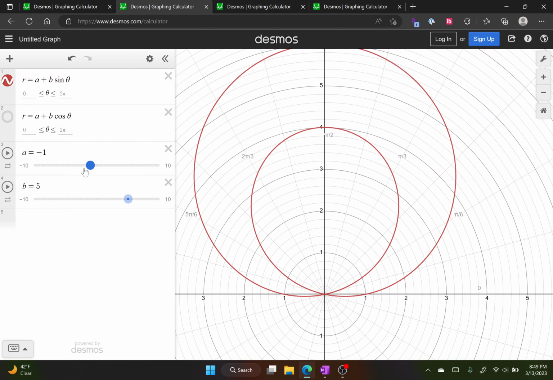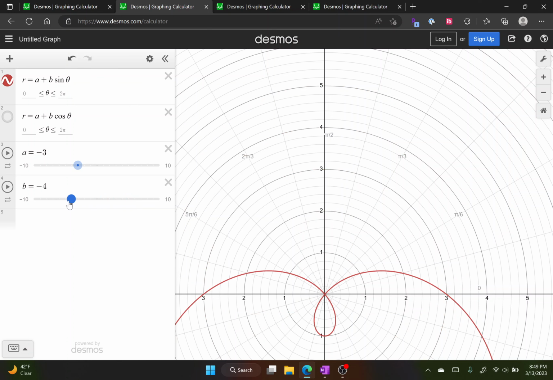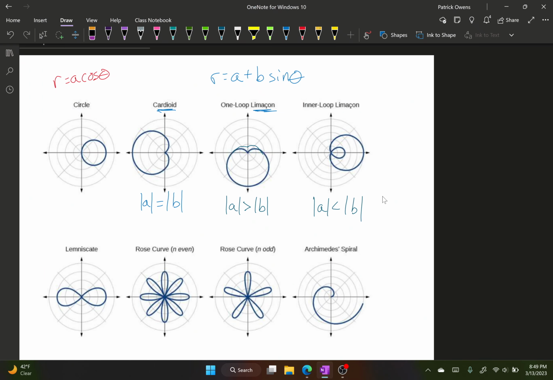And again, the sign of A doesn't matter. The sign of B is the one that matters for direction. When we're comparing the two, we're doing it in absolute value. The positive versus negative does not matter. We end up having a negative radius because if we've got, say, r equals 3 plus 5 sine of theta, our minimum value for sine is going to be negative 1.